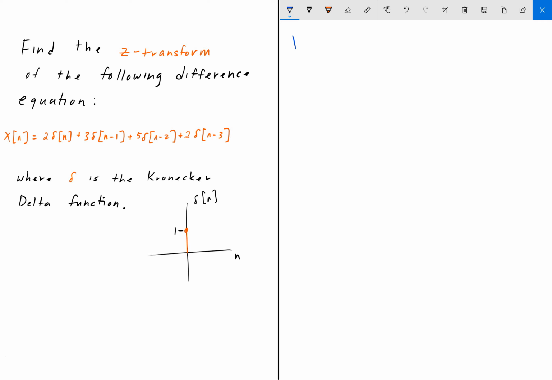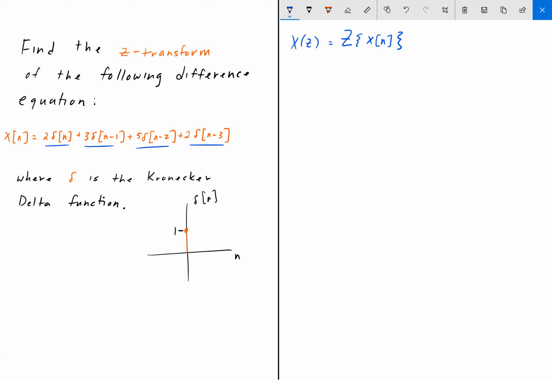And so the z-transform X of z is equal to the z-transform of x of n. And since the z-transform is linear, we can take the z-transform of each of these terms individually.